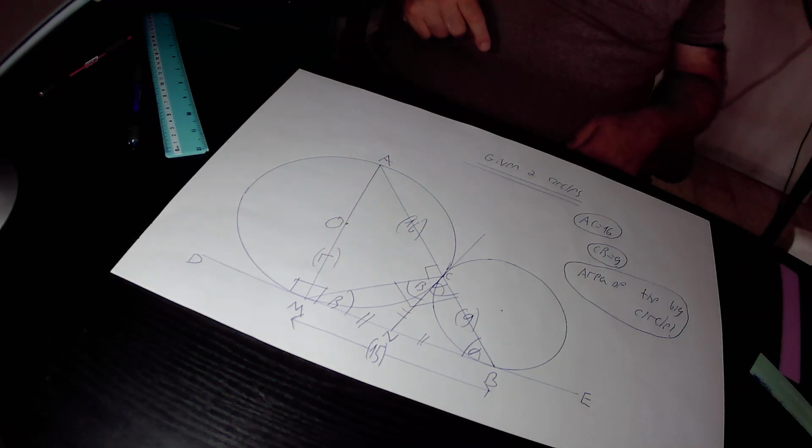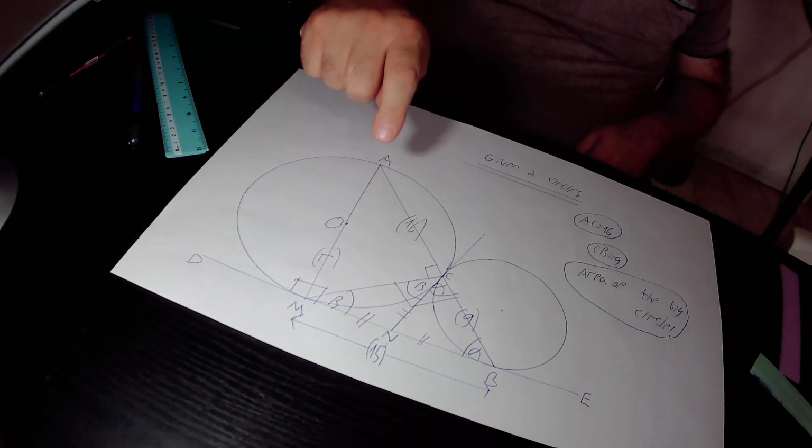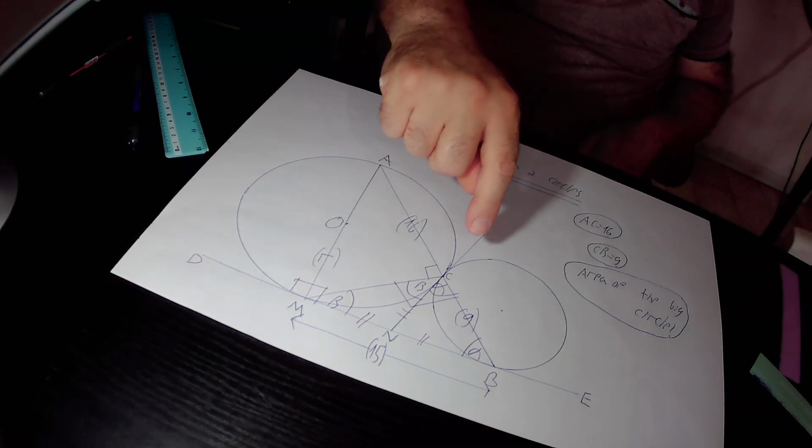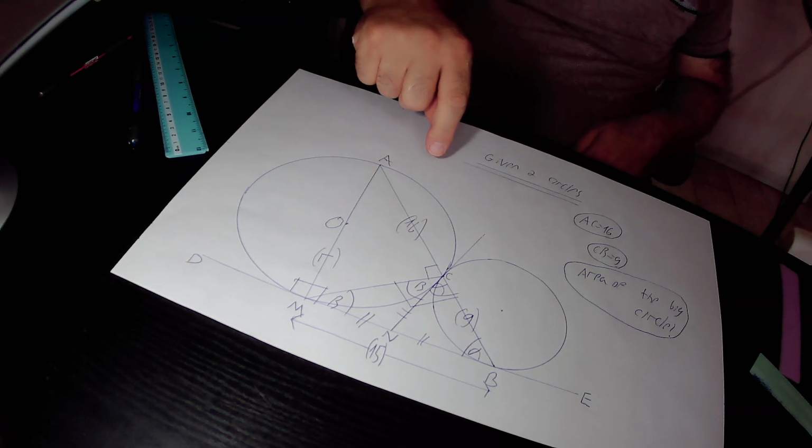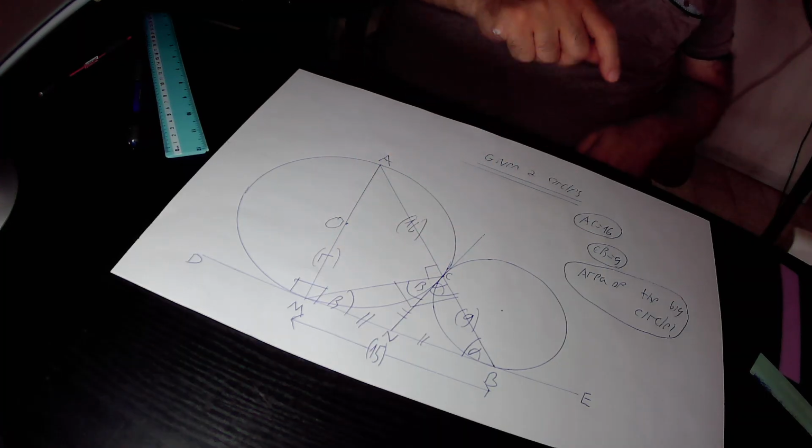In the next step, we join points A and M together by a straight line and focus on the big circle. Inside this big circle, we have peripheral angle ACM, which is a right angle.